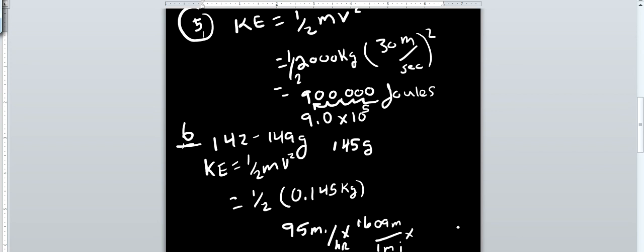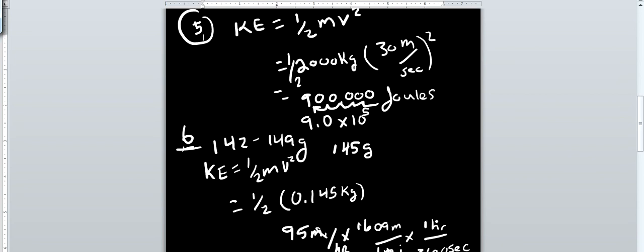And the other conversion factor is 1 hour is 3,600 seconds. Our miles cancel. Our hours cancel. And you perform that arithmetic and you get 42.47 meters per second.